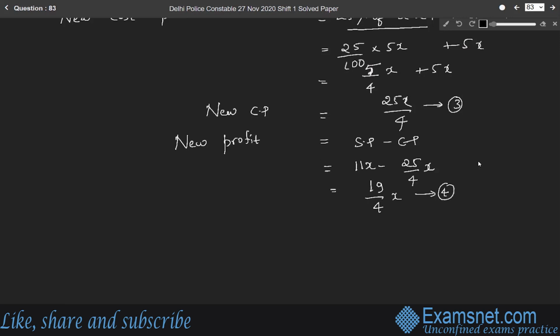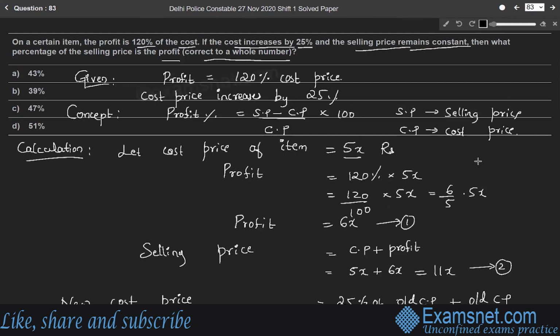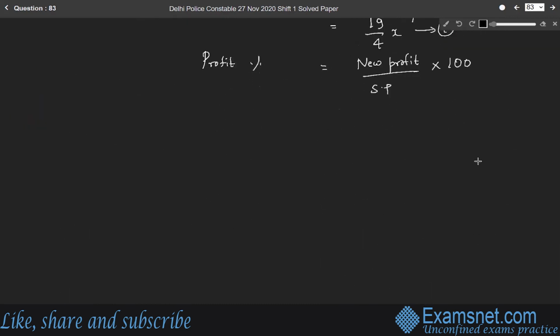Therefore, profit percentage is equal to new profit divided by selling price. The question asks for what percentage of the selling price. For 11x selling price, new profit is 19 by 4x.